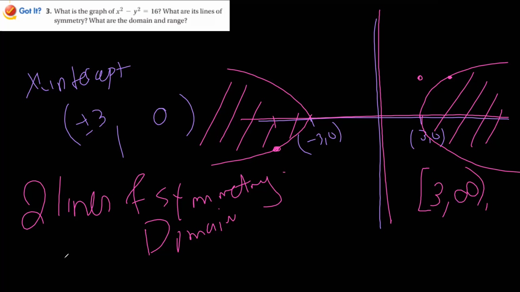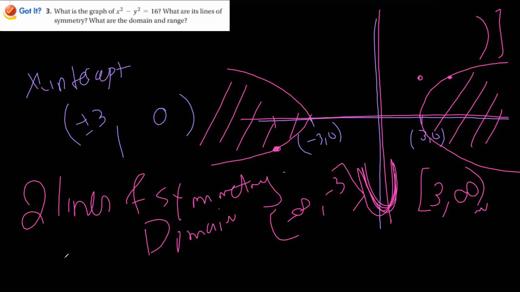And for the infinity, you must put this sign there, not this one. And from here, it will be from negative infinity, all the real numbers, until -3. So I can say all real numbers greater than or equal to 3 and all real numbers less than or equal to -3. Here we put this sign that means and. So we have from negative infinity to -3 and from 3 to infinity. This will be the domain.